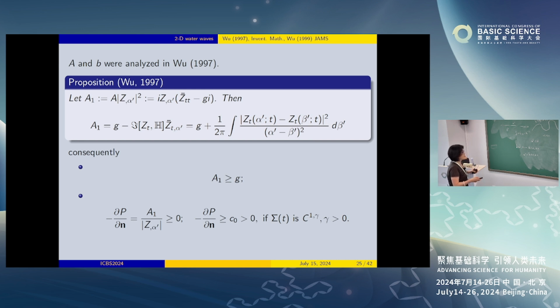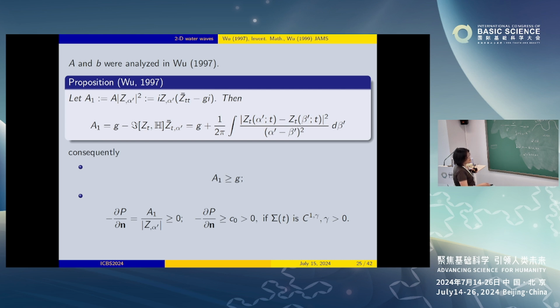In fact, the reason we compute this formula is that we want to figure out what negative dpdn is. The formula is simple, it's this one. This G is gravity; you can think it's 1. It's 1 plus something positive, so A1 is always positive, greater than 1. Remember negative dpdn is this, so negative dpdn is always greater than or equal to 0.